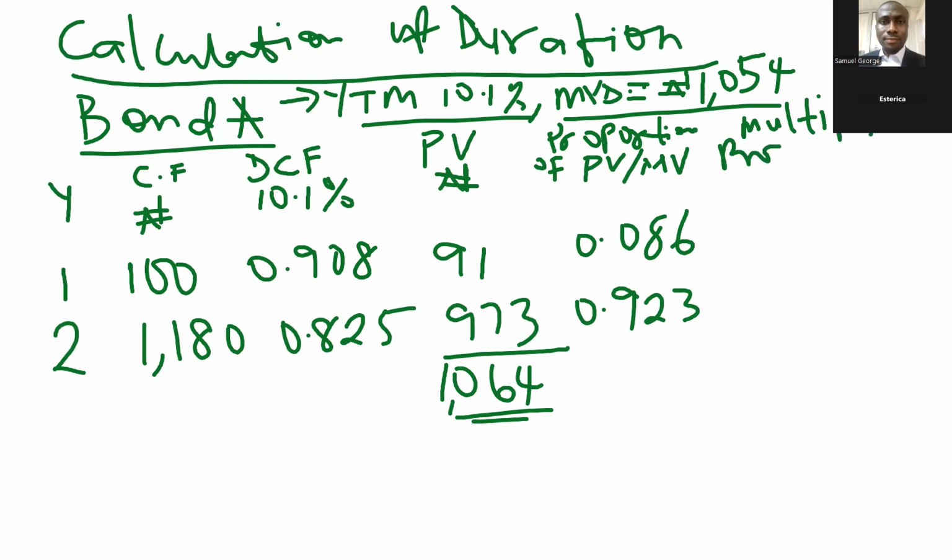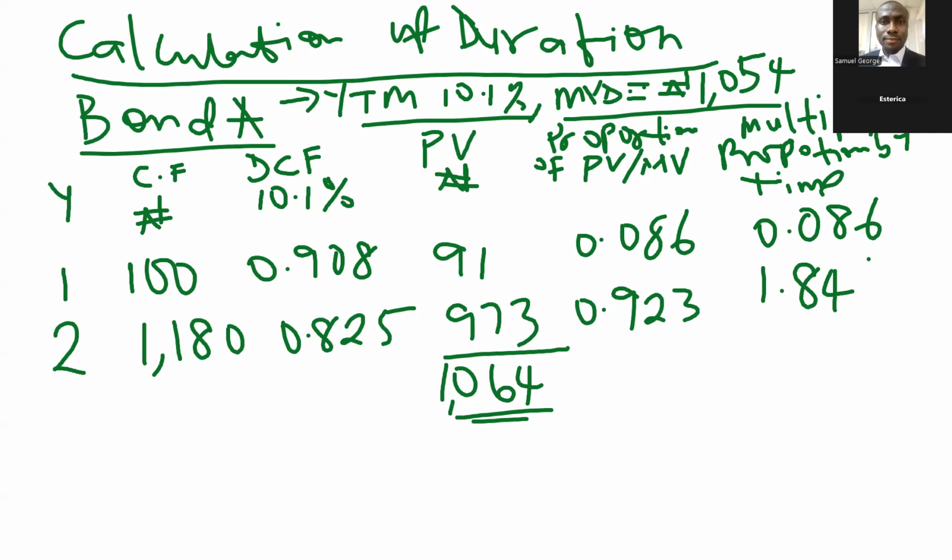Then we multiply proportion by time. 0.086 times 1 is 0.086. 0.923 times 2 is 1.846. Add 0.086, I got 1.932.